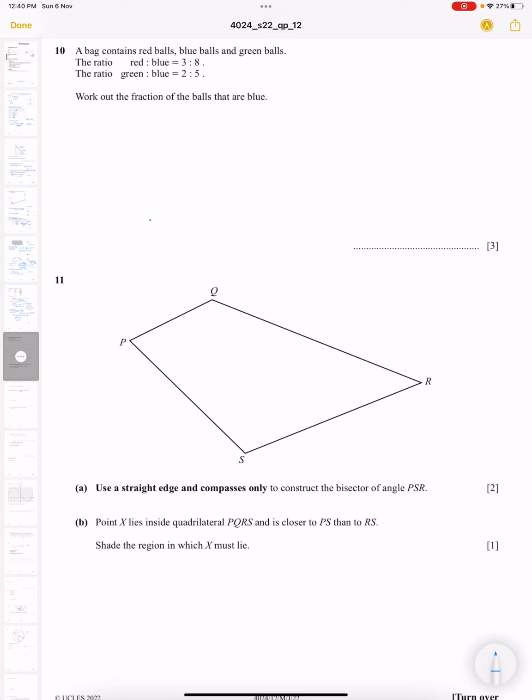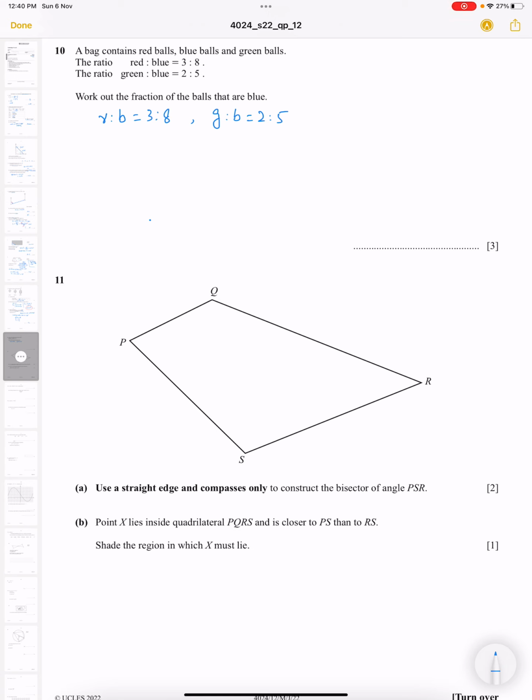Okay, so what we need to know in this, let's write it in a rather simplified form. Red to blue, or we can say R ratio B, is 3:8. And similarly, green ratio blue, or G ratio B, is equal to 2:5.